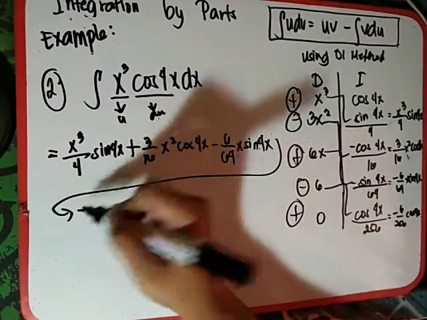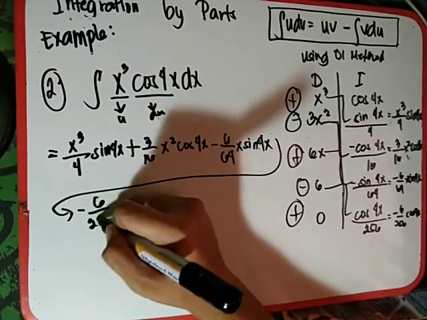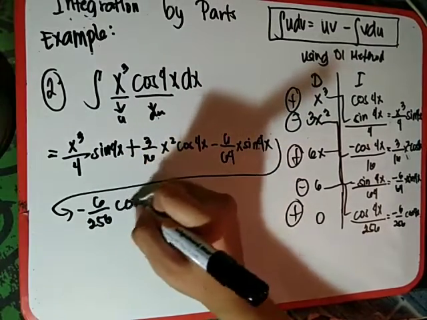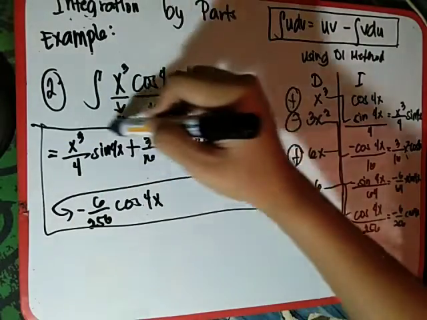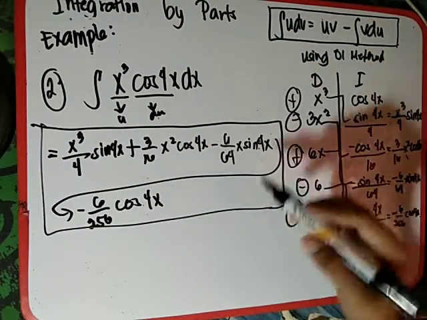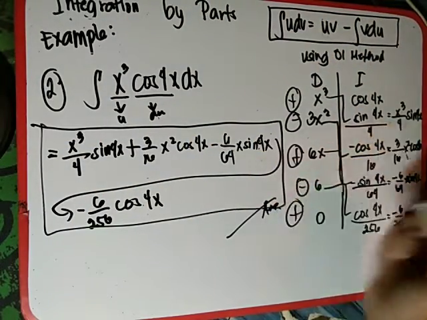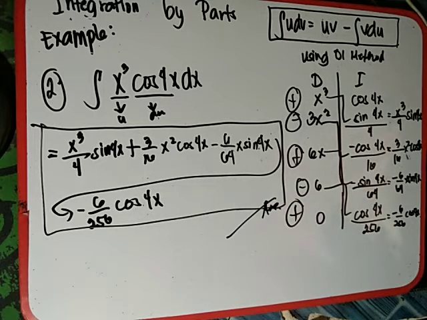Then we have negative 6 over 256 cosine 4x. So this is our final answer for our example number 2. So let's move to our next topic.